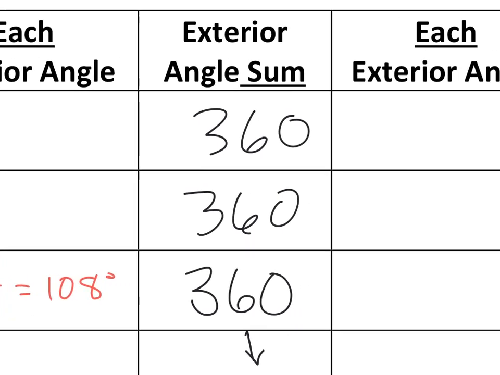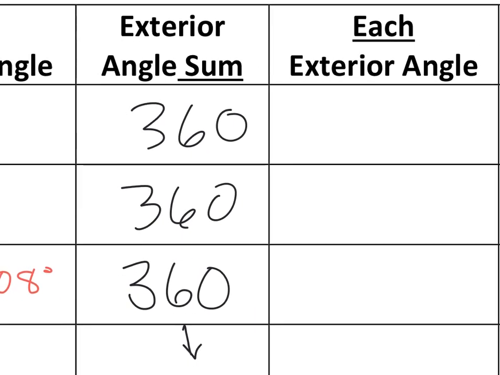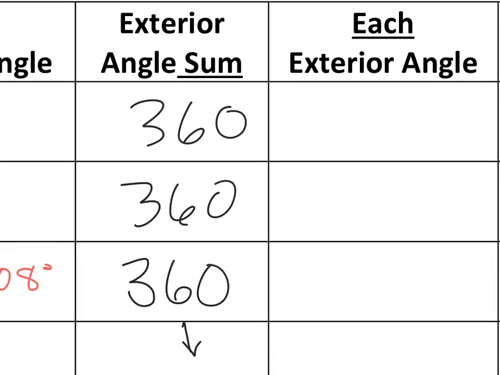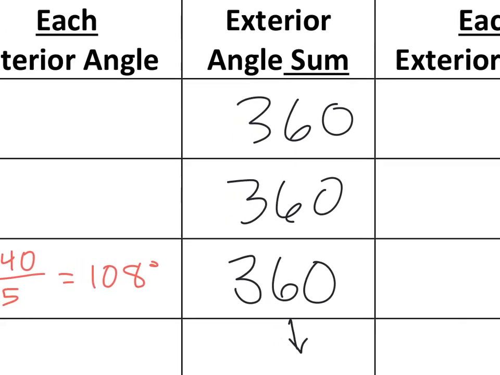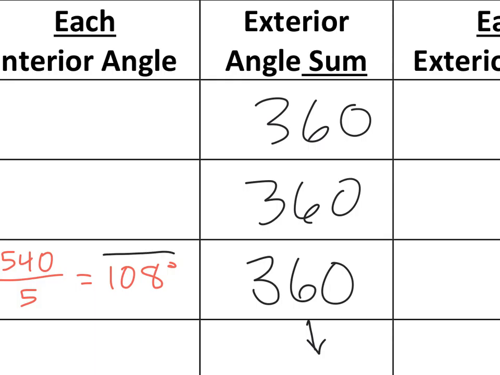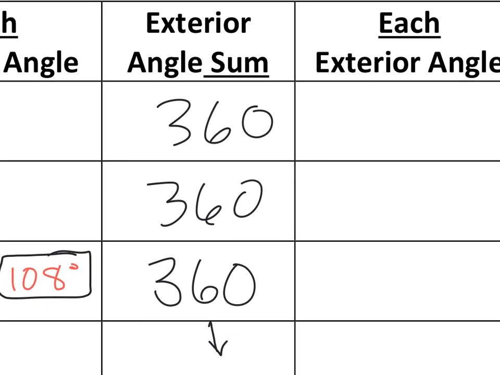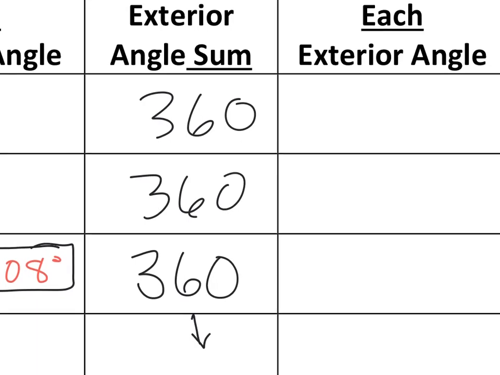But each exterior angle does change, and each exterior angle is going to be supplementary with the interior angle. So we'll take a look at this 108, and we know that the interior angle, which is 108, plus the exterior angle has to equal 180. So that would be 180 minus 108, which equals 72.